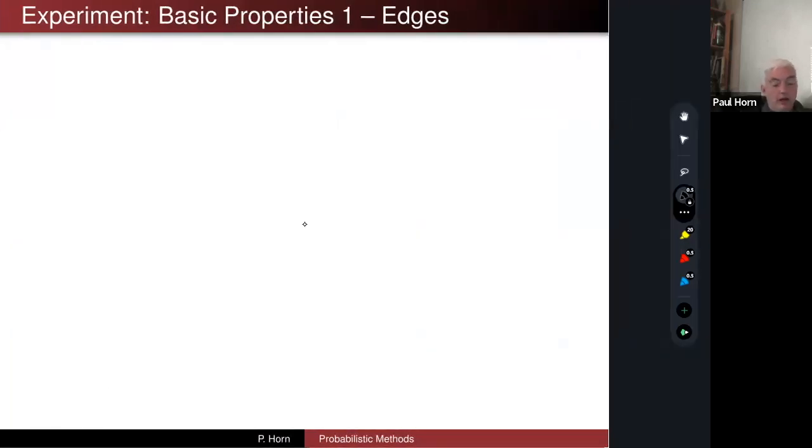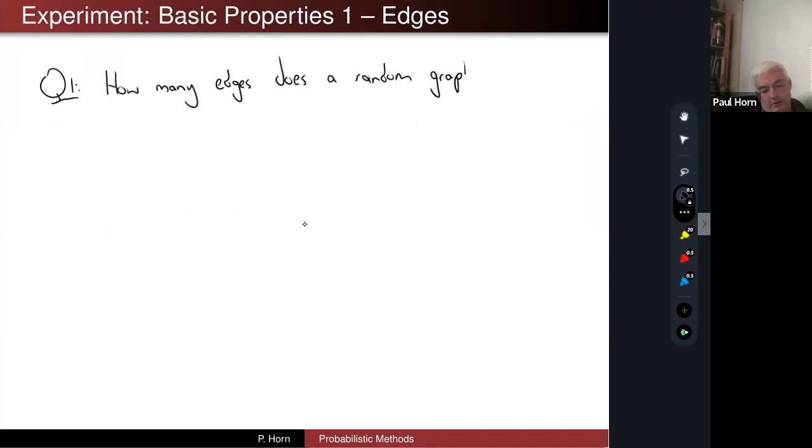Let's briefly work through a few properties here. Question 1: how many edges does a random graph in G(n,p) have?